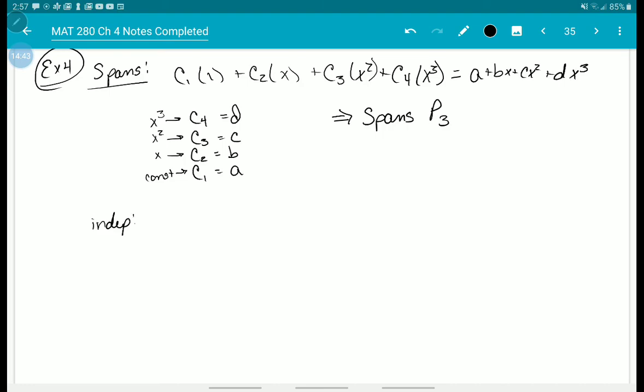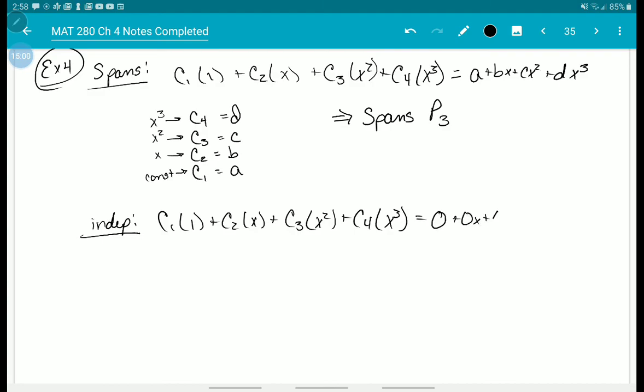Now let's check for independence. Pretty much the same setup. The only difference is what's on the right-hand side. So we're comparing coefficients again for x cubed, x squared, x, and then the constant.